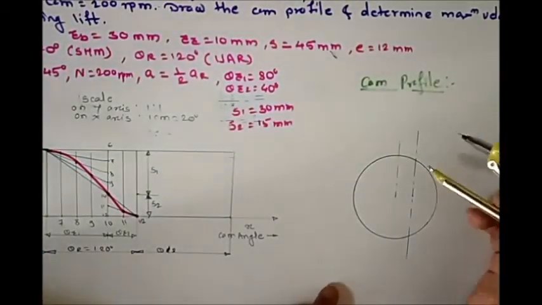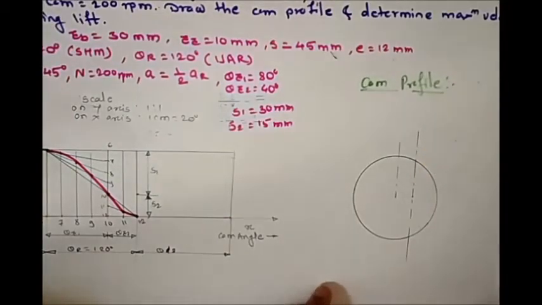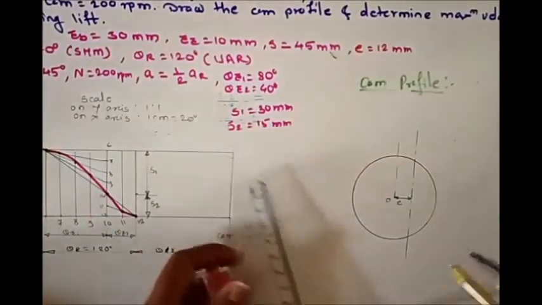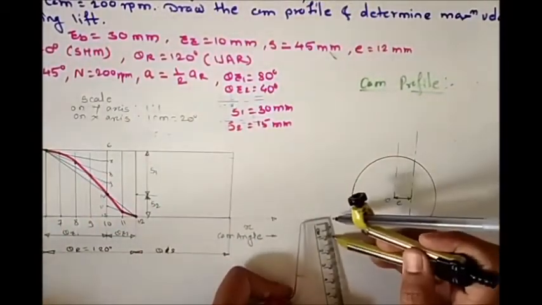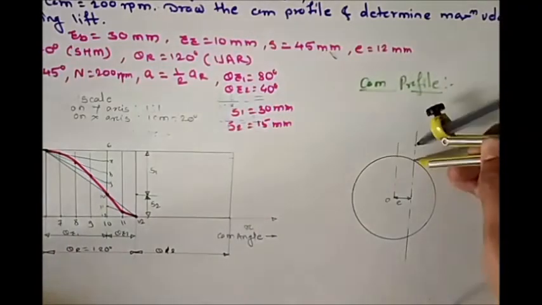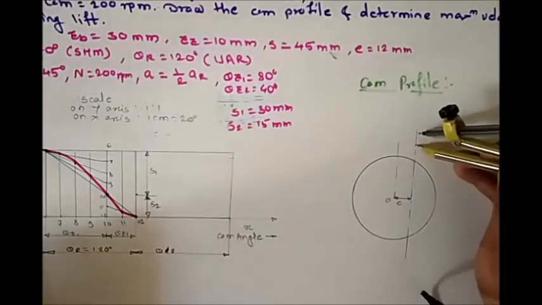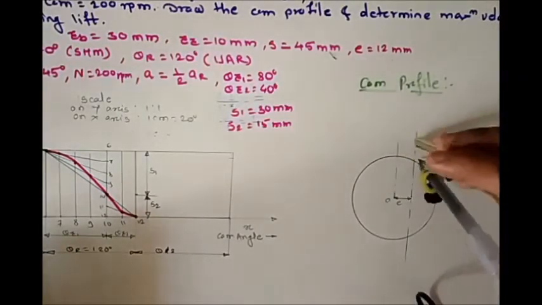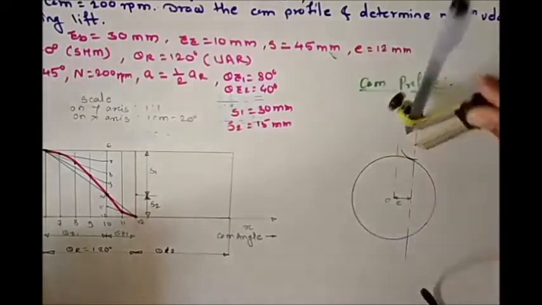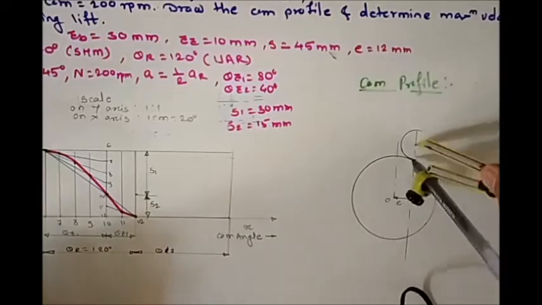On this line we have the follower. We have the roller follower having radius equal to 10 mm. So take that much distance into your compass and draw a roller from the offset line.